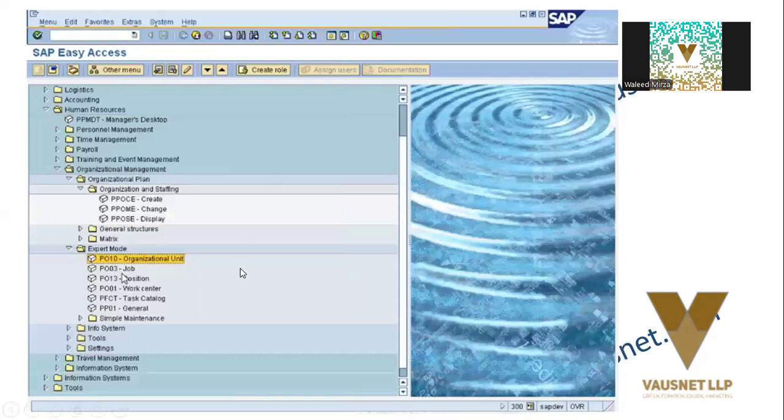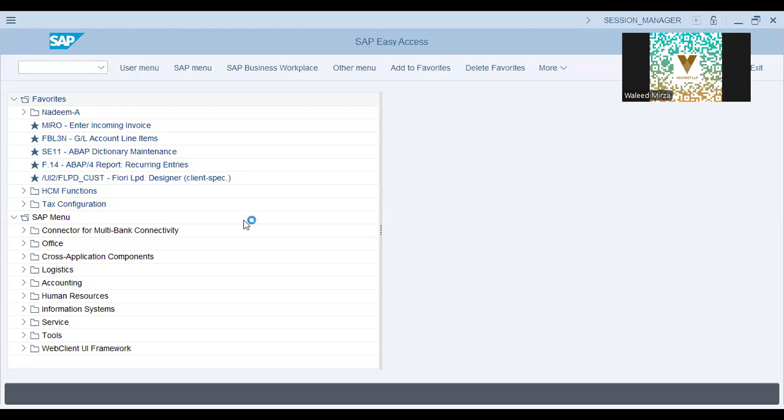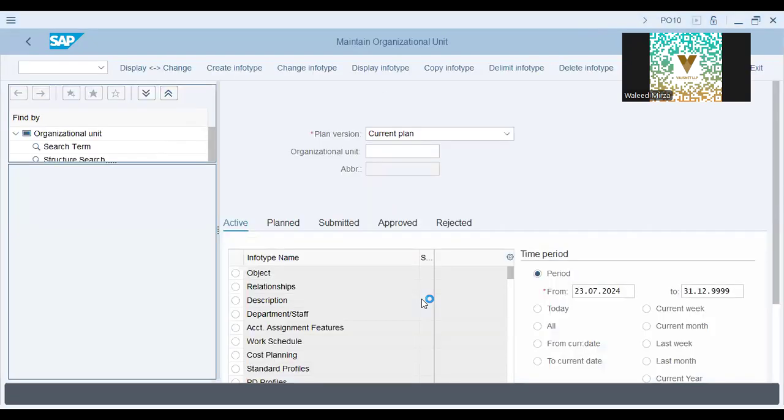And if we have to go and see PO10, let's see if it allows us, because it has logged out. PO10. Okay, PO10 current plan.